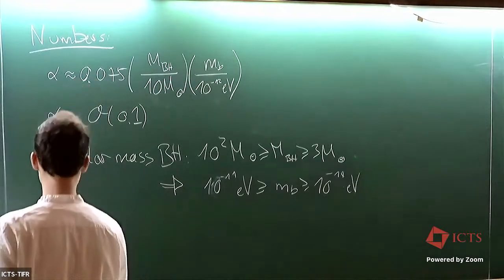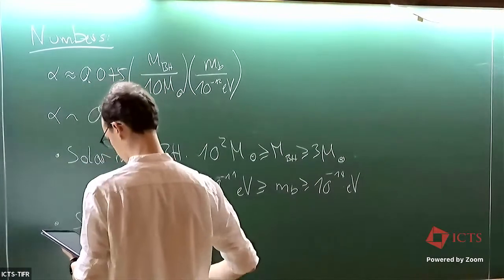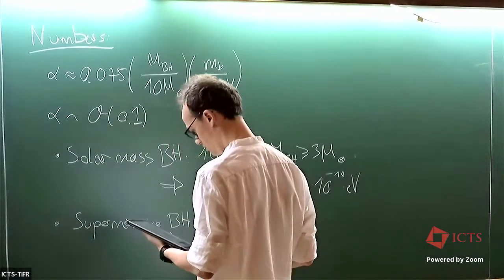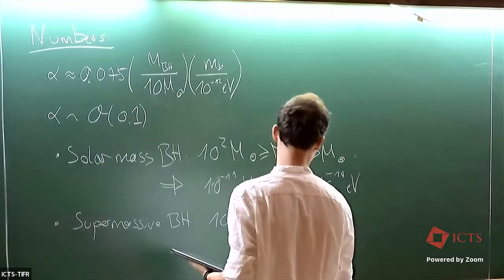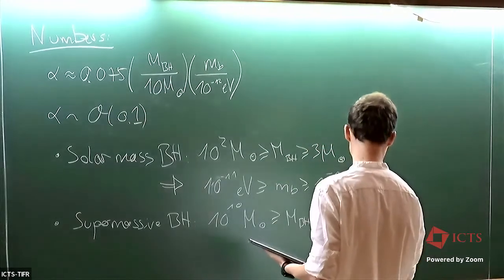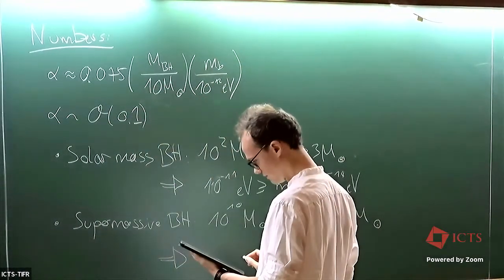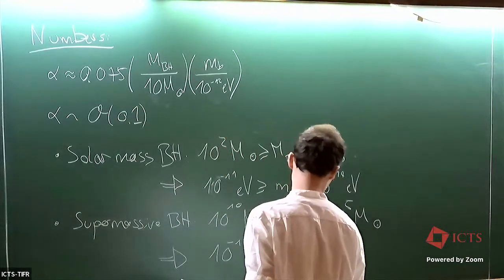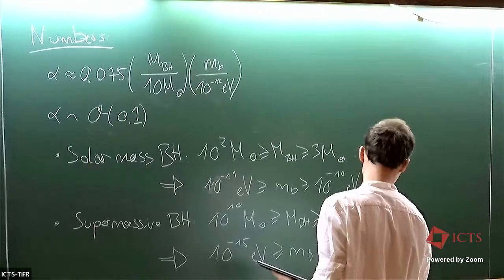Okay? And then similarly for supermassive black holes, which I'm going to assume to be 10 to the 10 solar masses to 10 to the 5, we get a boson mass of between 10 to the minus 15 eV and 10 to the minus 20 eV.